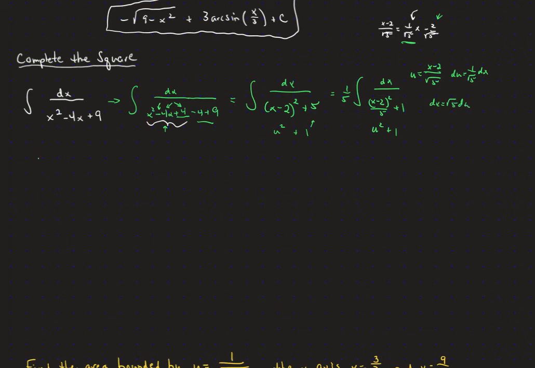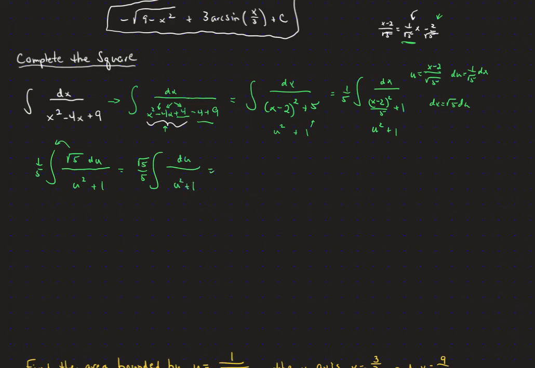Okay, so here's where we are. We pulled out that 1/5. The dx, rather, we're going to replace by the square root of 5 du. We now have that denominator is a u squared plus 1. That square root of 5 can get pulled out, so it's the square root of 5 over 5 integral du over u squared plus 1.